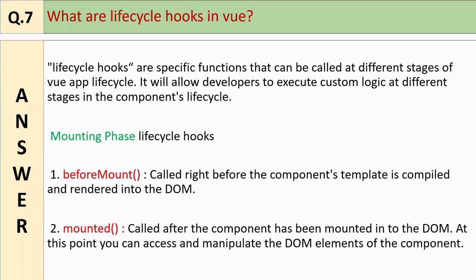Mounting phase lifecycle hooks are beforeMount and mounted. beforeMount is called right before the component's template is compiled and rendered into the DOM. mounted is called after the component has been mounted into the DOM.